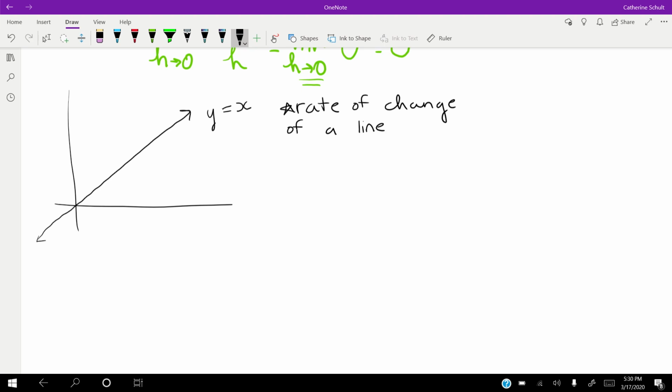Rate of change of a line is the slope of the line. That's really what the slope is. It's a rate of change, how fast the y's are changing as a ratio to how fast the x's are changing.